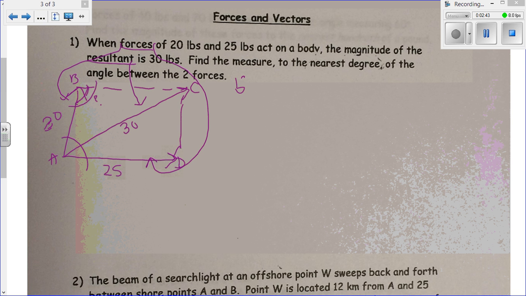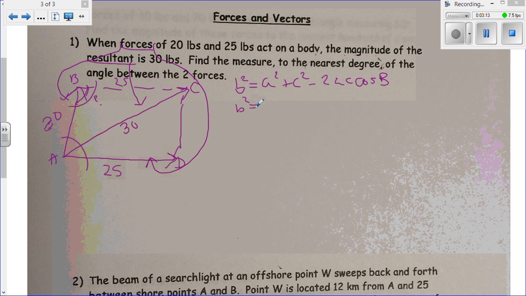So B squared equals. This is a law of cosines problem because I actually technically have three sides, and every time I have three sides and no angles, it's automatically law of cosines. So I have B squared equals A squared plus C squared minus 2AC cosine B. B squared is what I'm looking for.